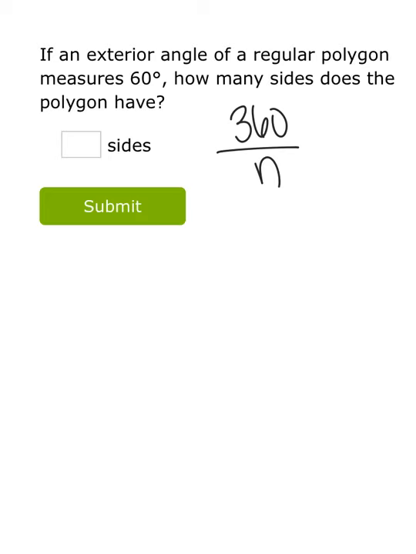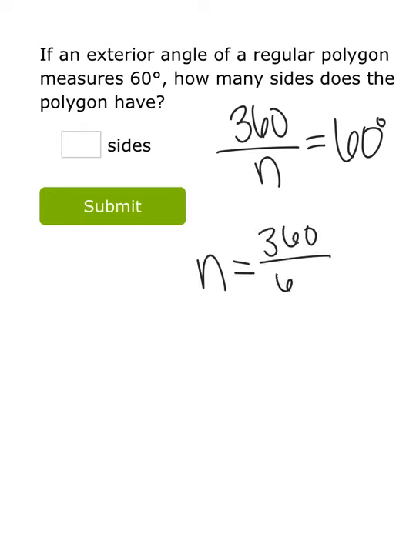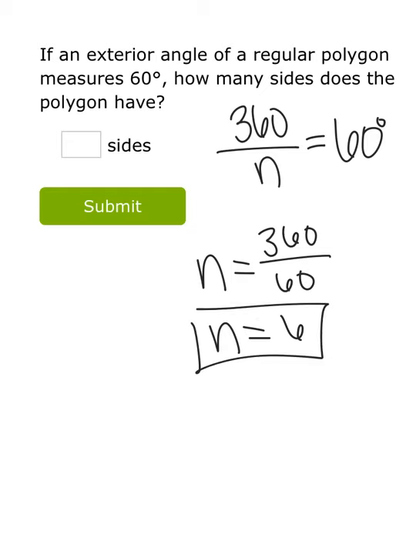So in this case, I know that this formula has to equal 60 degrees because we know that each exterior angle is 60 degrees. So now I just need to use some algebra and figure out, well, what would n have to equal? So 360 divided by what number would give me 60 degrees? So in order to solve for n, I would just divide 360 by 60, which would give me 6. So this would have to be a 6-sided polygon, also known as a hexagon.